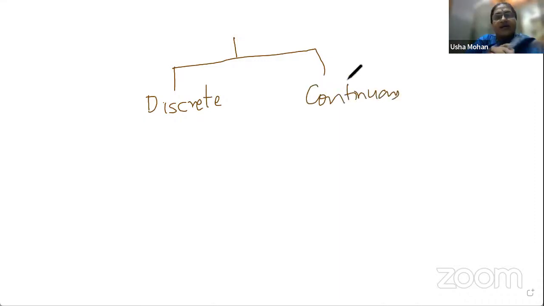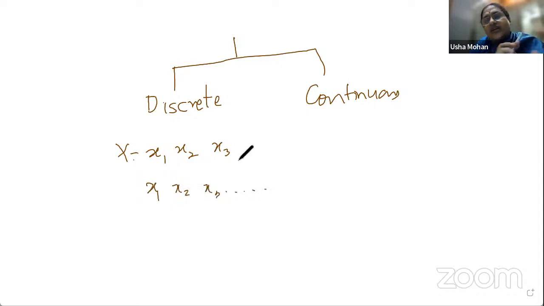Well, you'll agree this is a discrete and this is a continuous random variable. In a discrete random variable, x takes values x1, x2, x3. If it is finite, it will take x1, x2, x3, and all of this is countable.